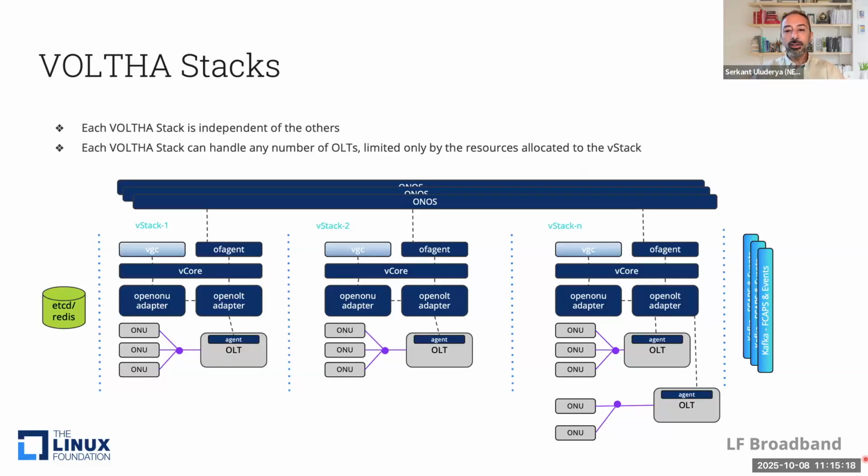We have the centralized ONOS cluster set up as highly available that can support connecting multiple VOLTHA stacks. In case of the VOLTHA Go controller, or VGC, the ONOS and OF agent don't come into this picture, and VGC along with VOLTHA core and the adapters form a single VOLTHA stack.